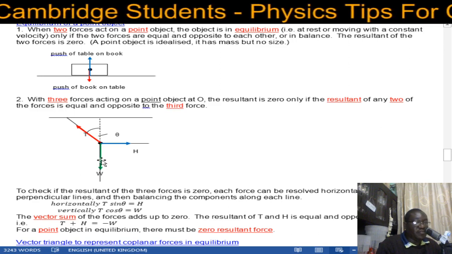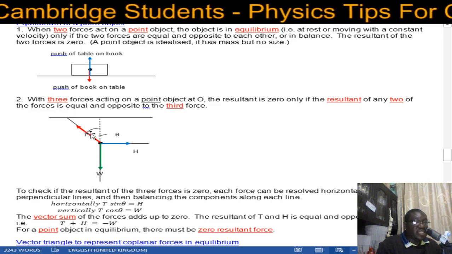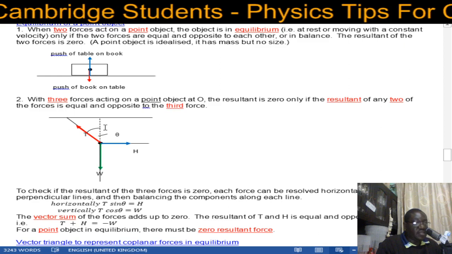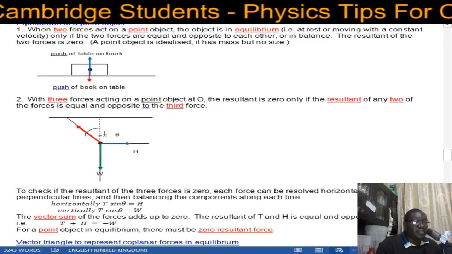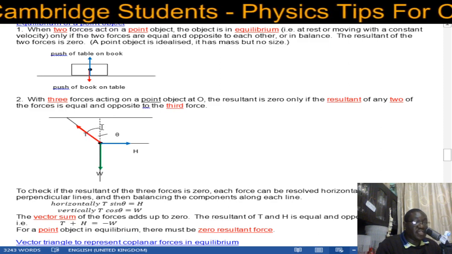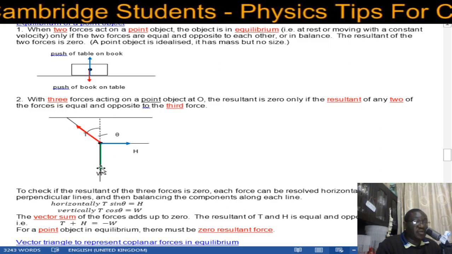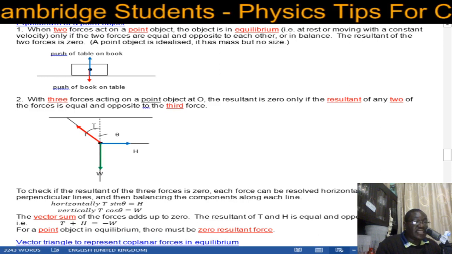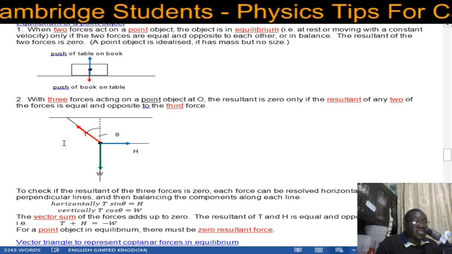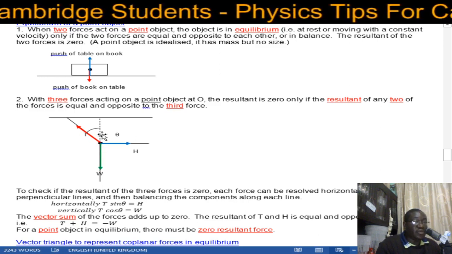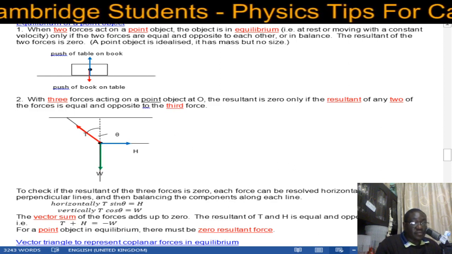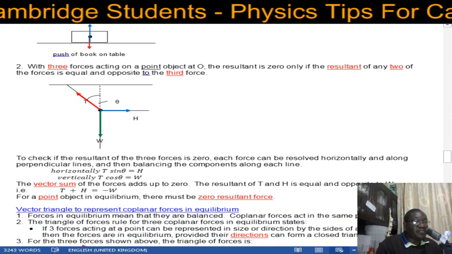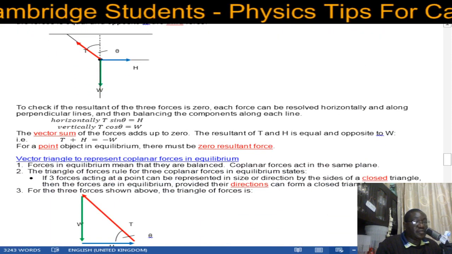So if you resolve this T, you get T cos theta to the vertical. So T cos theta to the vertical should equal W going down. Similarly, T sin theta should equal H. So for this to be in equilibrium, the vector sum of the forces adds up to 0.